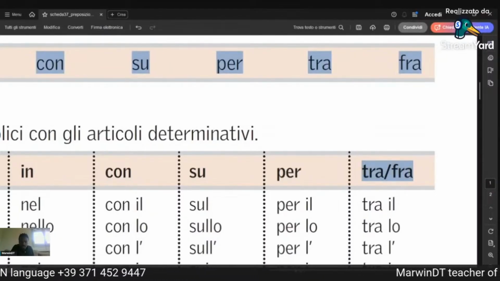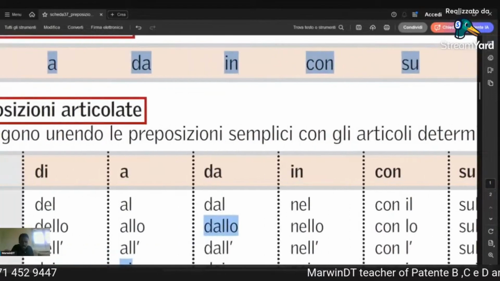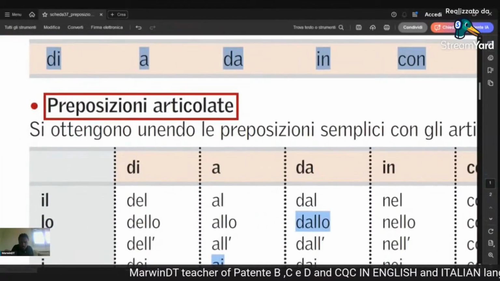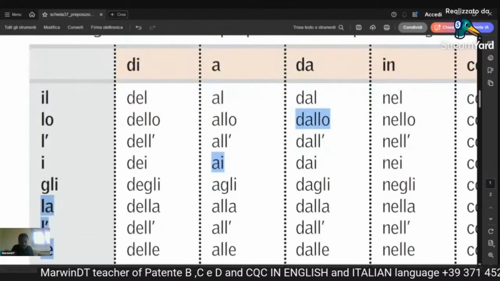Okay, so let's check the mixture of the two. Now, this is the mixture of the two.